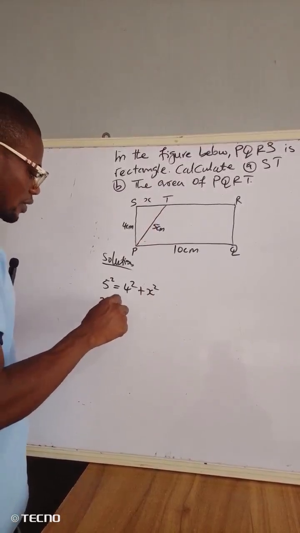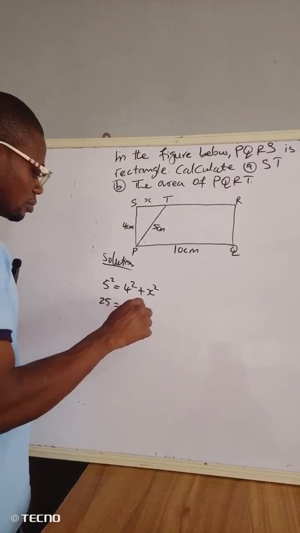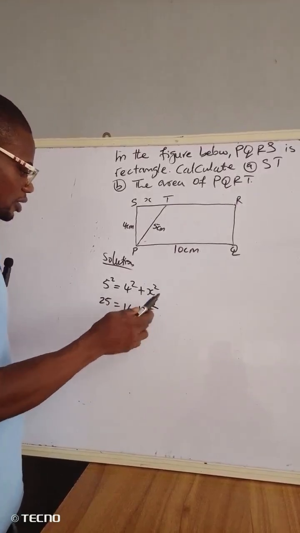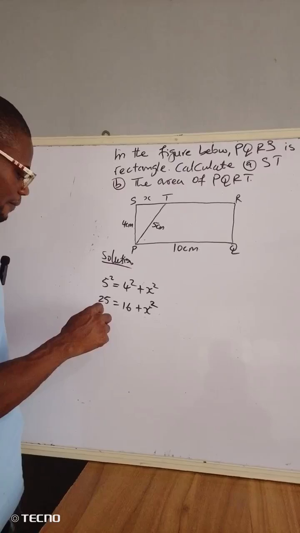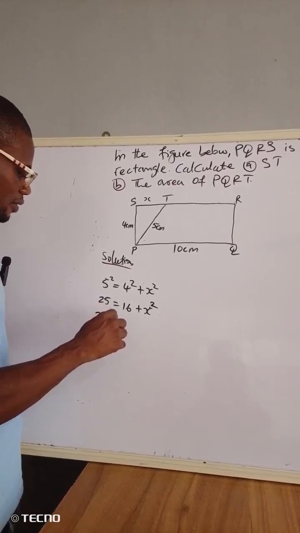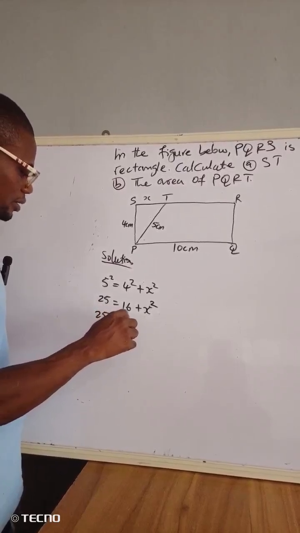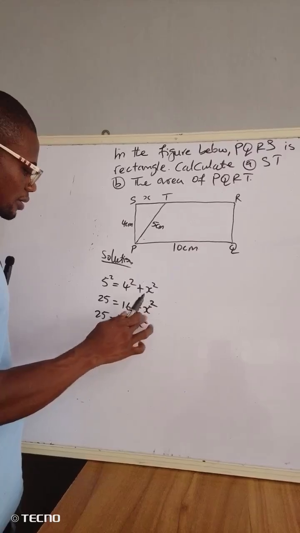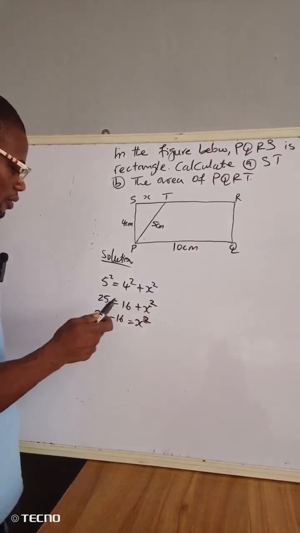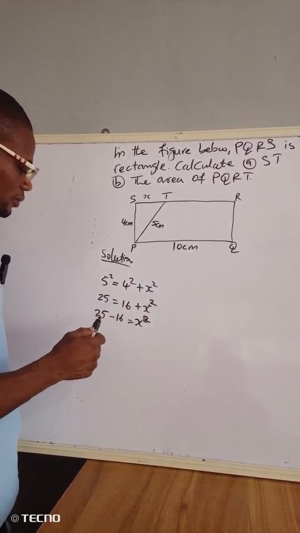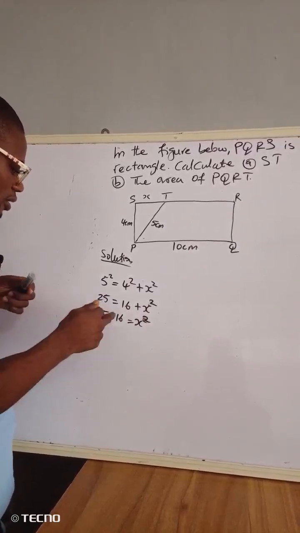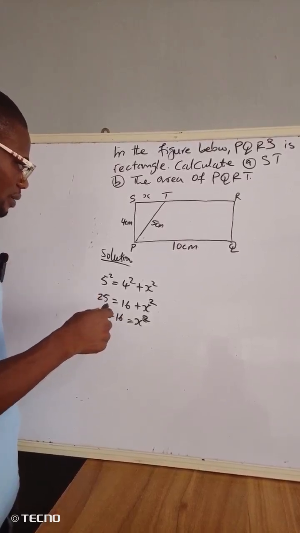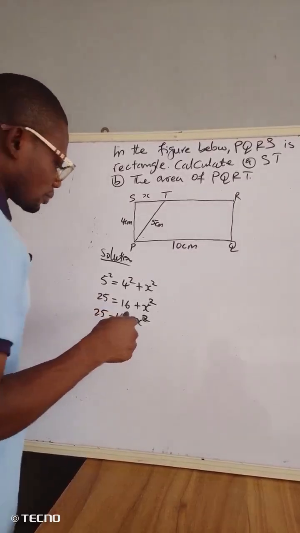Then 25 equals 16 plus s squared, so 25 minus 16 equals s squared.